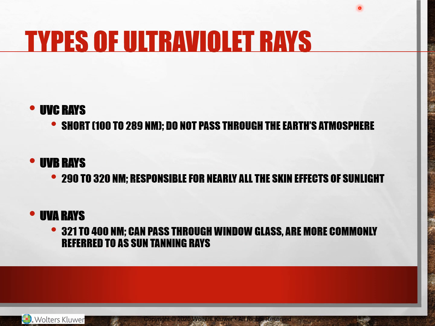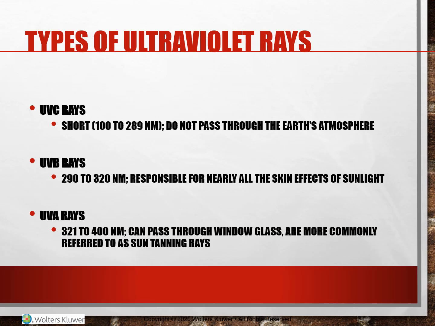UVA rays are the longest ultraviolet rays, and these can pass through things like window glass. These are referred to as our sun tanning rays. Because they're much longer and they can penetrate much deeper, UVA is really around all the time, and it is often thought to be more causative of things like skin cancer, again, because it can penetrate the skin much more deeply.